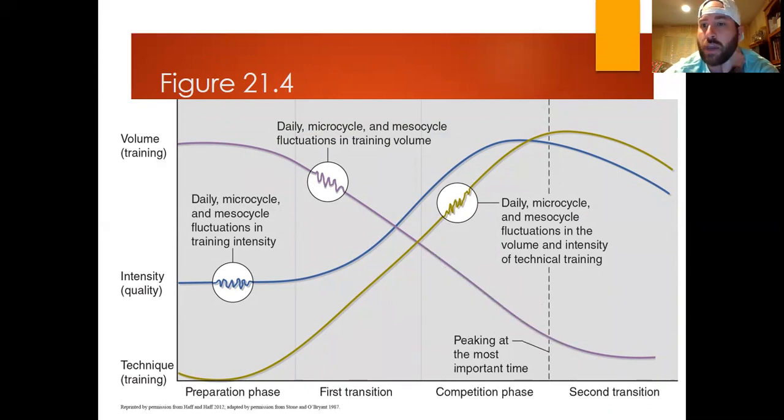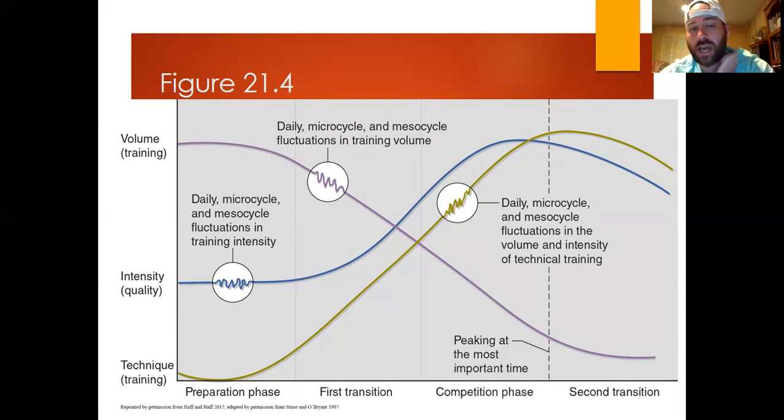Maybe that's the championships or playoffs. So volume starts to go down, meaning the amount of training decreases so that intensity can increase. Yes, we're going to be training a lot less, so the quality needs to be up.